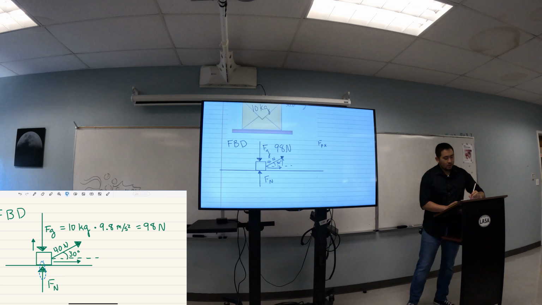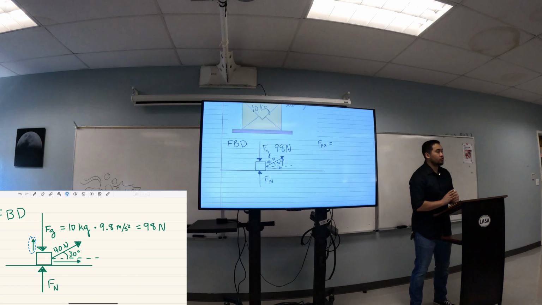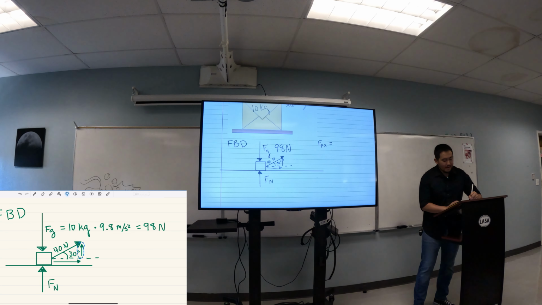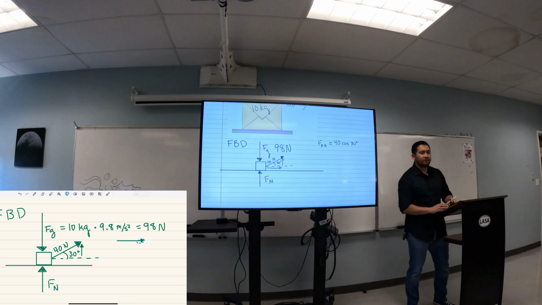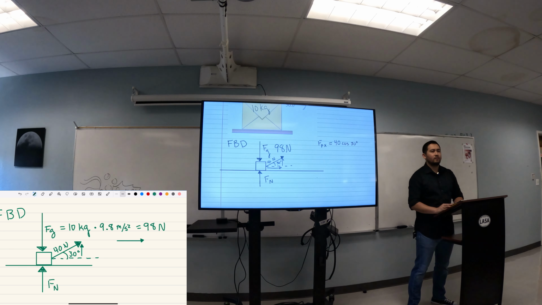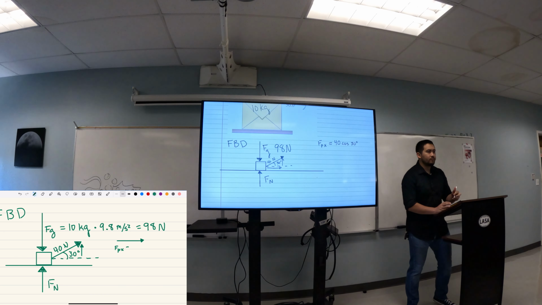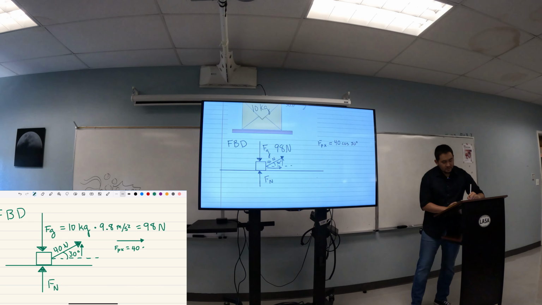I know, based off of the right triangle trigonometry, that it must be equal to the magnitude of the applied force times cosine of 30 degrees. Cosine of 30, what is that one? Root 3 over 2? Yeah, root 3 over 2. So that should be 20 root 3.